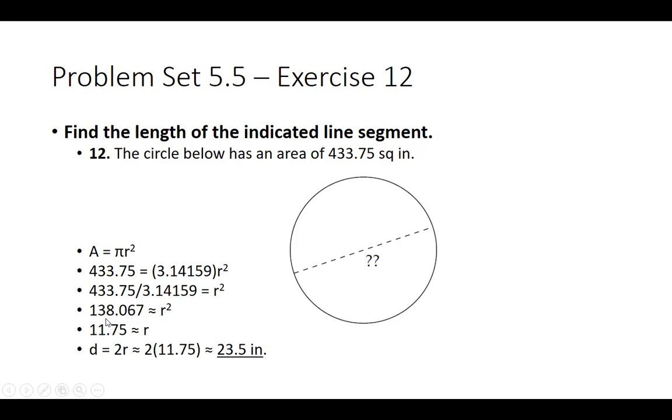The square root of 138.067 is approximately 11.75. That would be the radius. That would be half of what we need. So double the radius and get the diameter. 2 times 11.75 is 23.5. Since the area was in square inches, the length will be in regular inches, 23.5 inches.